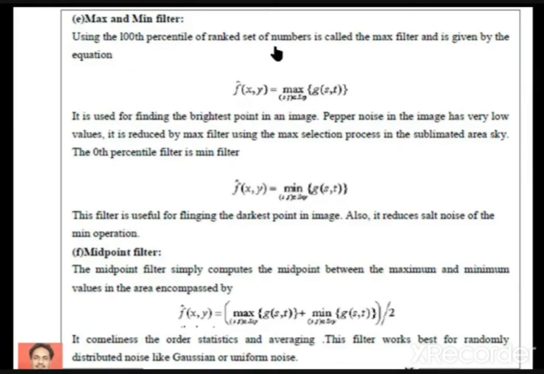That's why it is called the max filter. Since each pixel is replaced by the maximum of its neighborhood, the image will turn brighter. On the other hand, with the max filter, the pepper noise in the image can be removed.